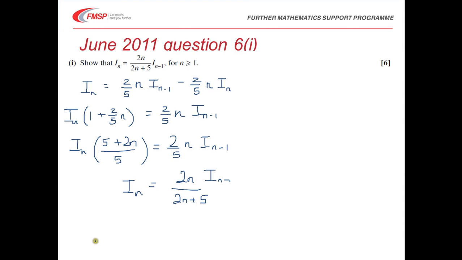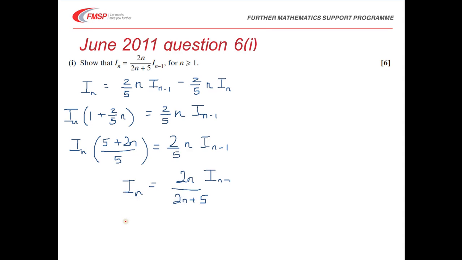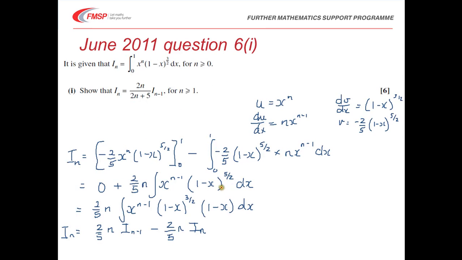So if we consider how there were 6 marks for this question, let's have a quick look at how those marks are awarded. Going back to this part here, you got a method mark for using your integration by parts, and an accuracy mark here for completing it correctly. You got an accuracy mark for using your limits to find that this was equal to 0 and simplify that.